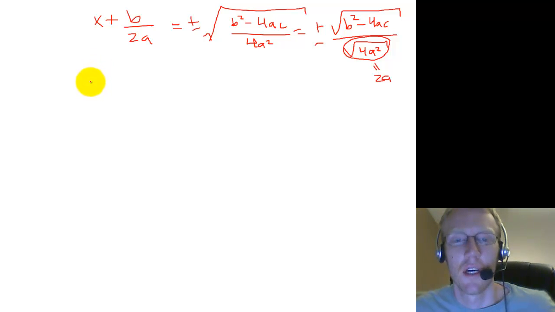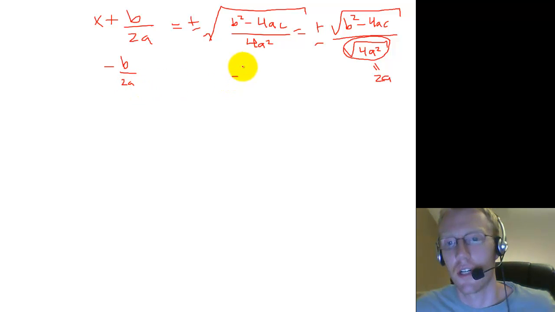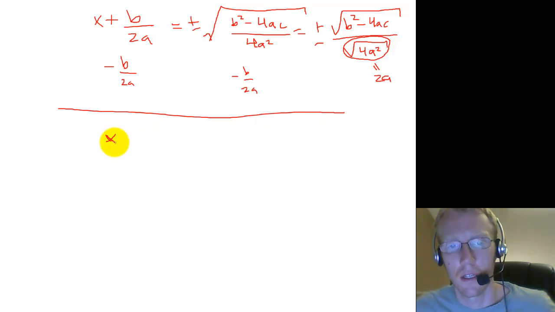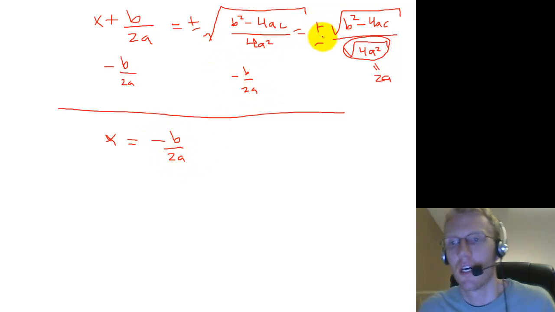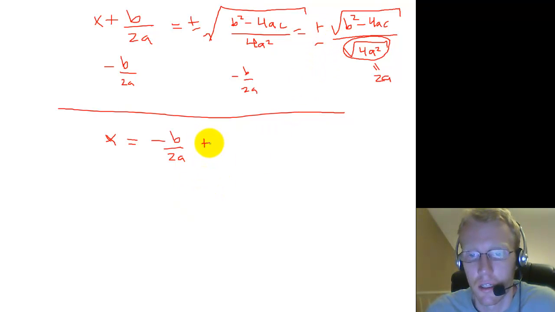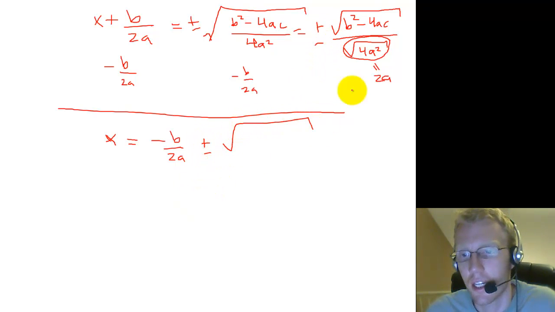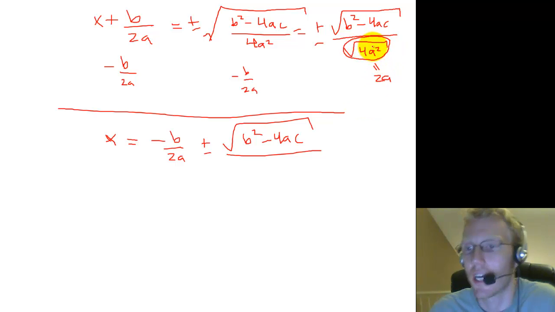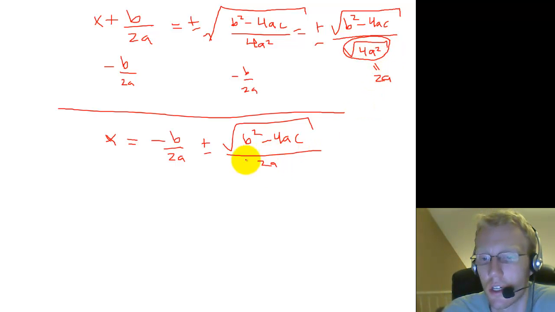So now we can subtract b over 2a from this side, and we can subtract b over 2a from this side, and that's going to leave us with x equals negative b over 2a. That's the part we subtracted. We got this plus or minus. Then in the second piece, we have the square root of b squared minus 4ac divided by 2a, because we took this out of the square root, so the 2a is no longer under the radical.